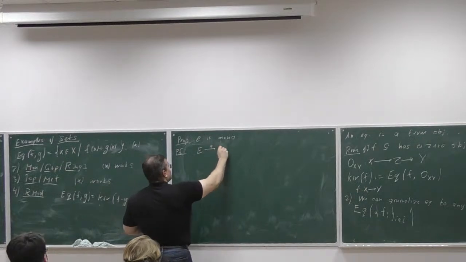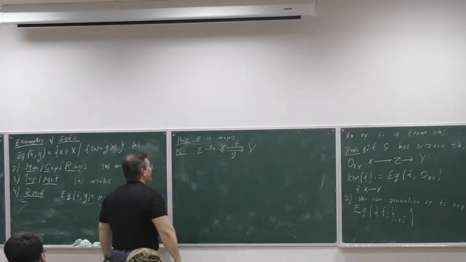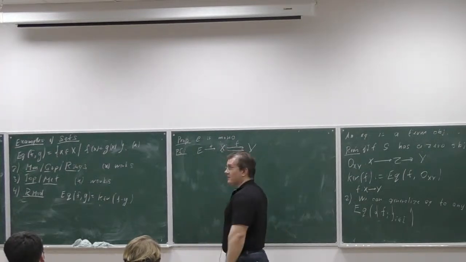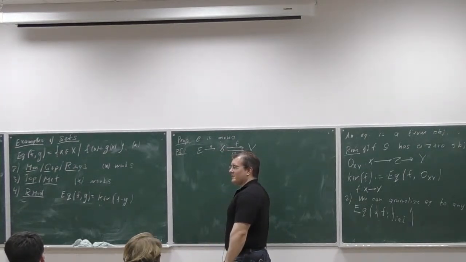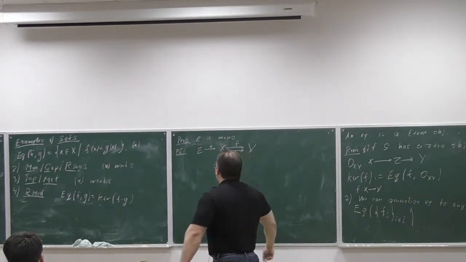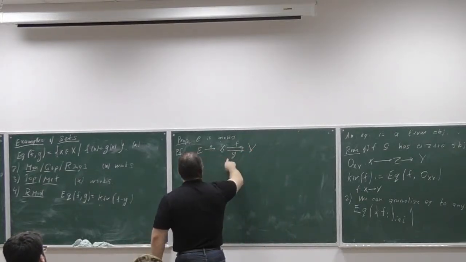Equalizer gives us this diagram, which is usually called the fork diagram, F, G, Y. So E is part of this data, so this map. E is the projection from the equalizer.